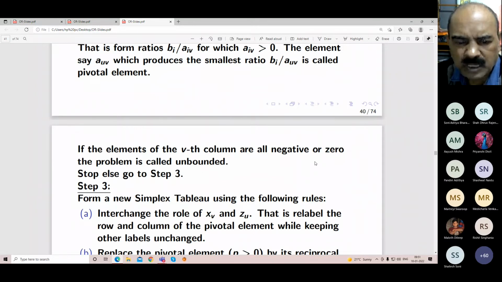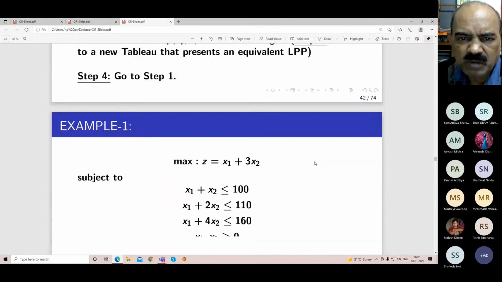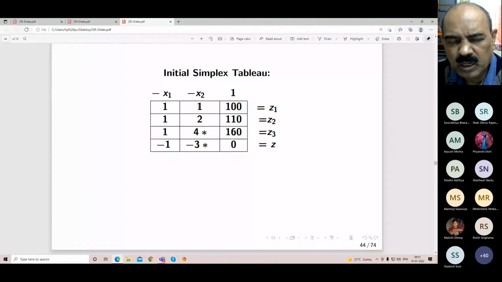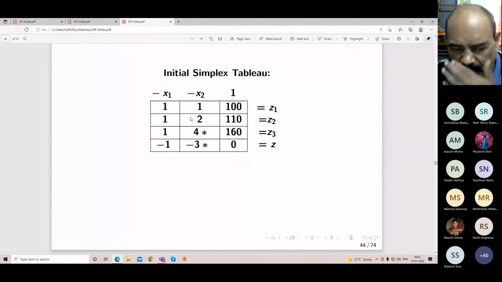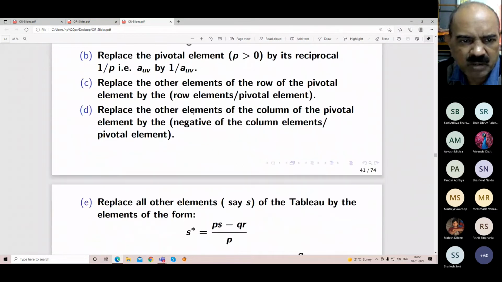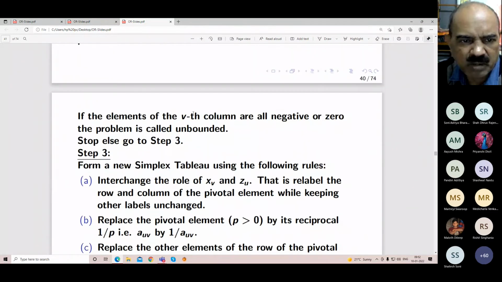For example, if in this problem you find -1, -2, -4, we conclude that the problem is unbounded. Here all are positive, so that is the reason we are finding the positive ratio. If some elements are 0 or negative, that is not permitted, only positive ratios. But if all are 0 or negative, then the conclusion is the problem is unbounded. Now the next step, step 3.